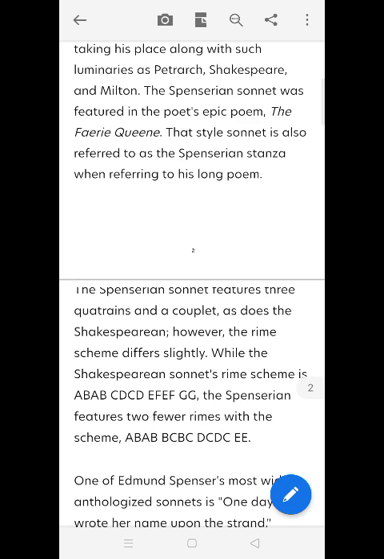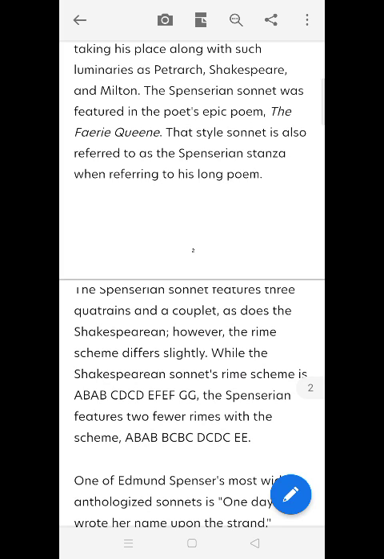A Spenserian sonnet contains 3 quatrains, and a quatrain means a stanza of 4 lines, and a couplet means a stanza of 2 lines. A couplet consists of 2 poetic lines.